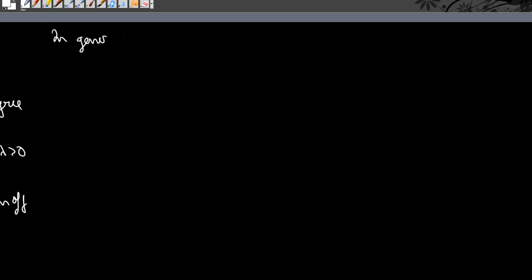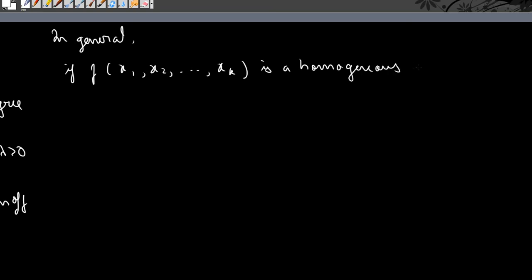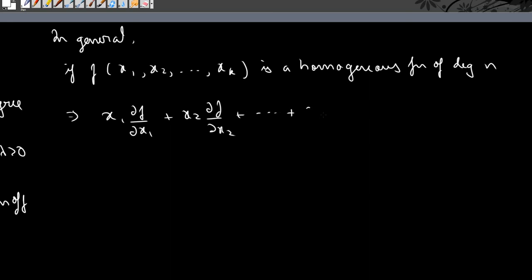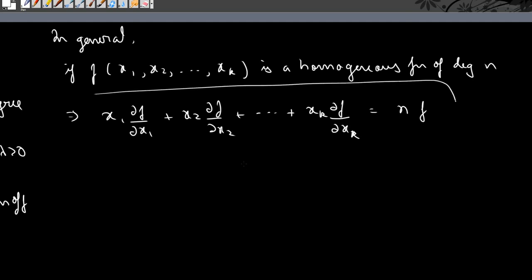So in general, if f of x1, x2, ..., xk is a homogeneous function of degree n, this implies what Euler's theorem says, that x1 times dou f by dou x1 plus x2 times dou f by dou x2 plus dot dot dot plus xk times dou f by dou xk should be equal to n times f.